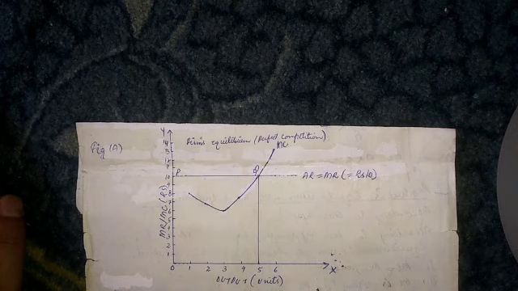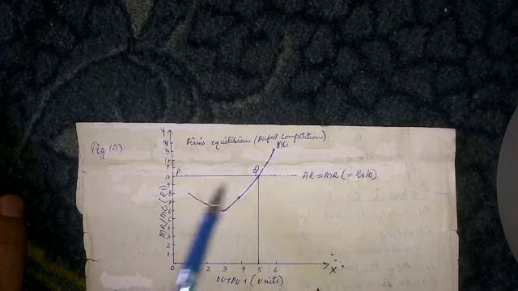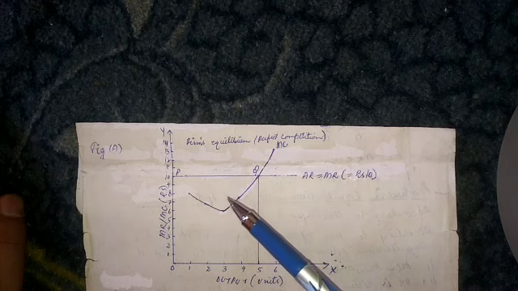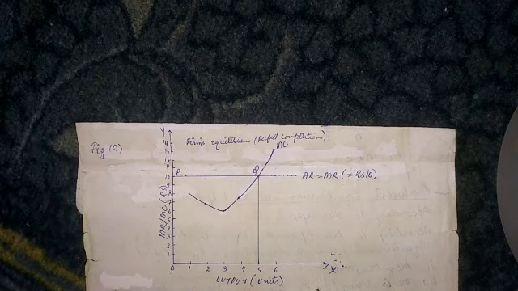So you note here that it's only when 5 units of output are produced that marginal cost is equal to marginal revenue, which is equal to rupees 10, and the marginal cost curve is rising. So these are the two conditions.